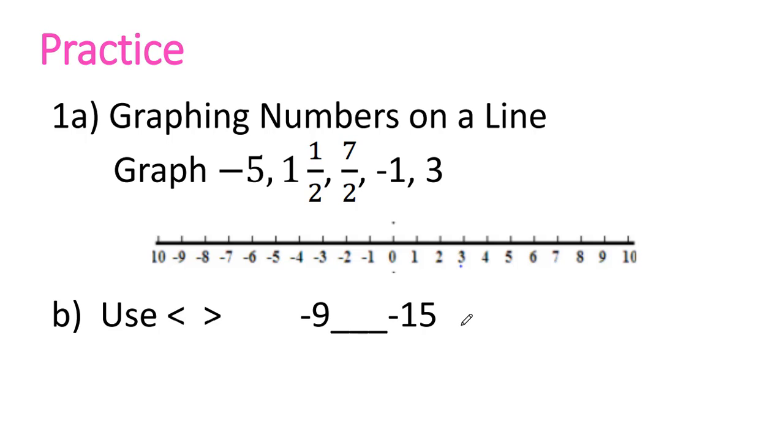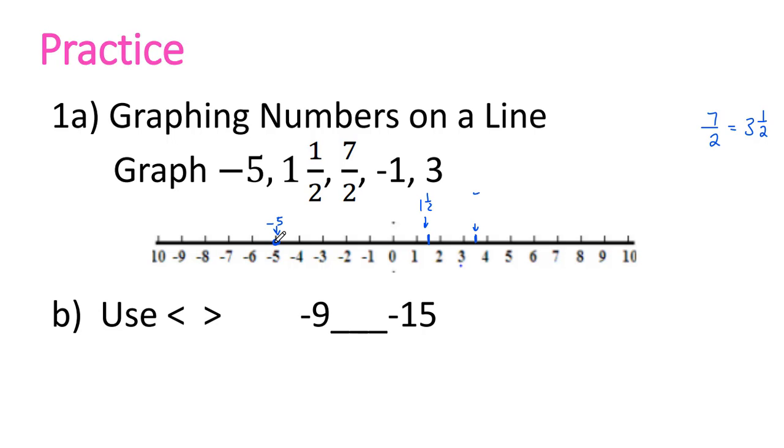So for number 1A, we're graphing numbers on a line, and we're simply going to be placing the number either by dot or positioning using an arrow. So the first number is -5, so we can see that's here. 1.5, which is positive, that's halfway between 1 and 2. 7/2, if we change that to a mixed number, 2 goes into 7 3 times with 1 left over, we can see that it would be in the position halfway between 3 and 4.